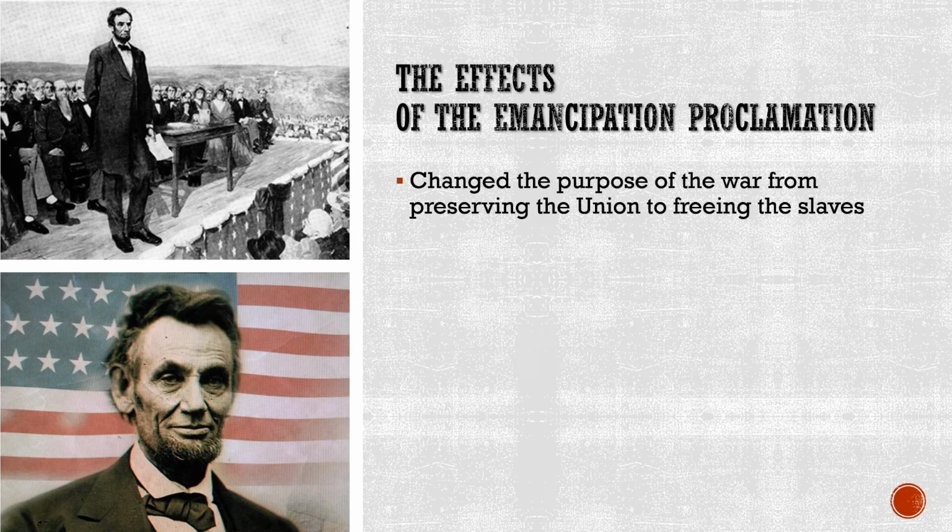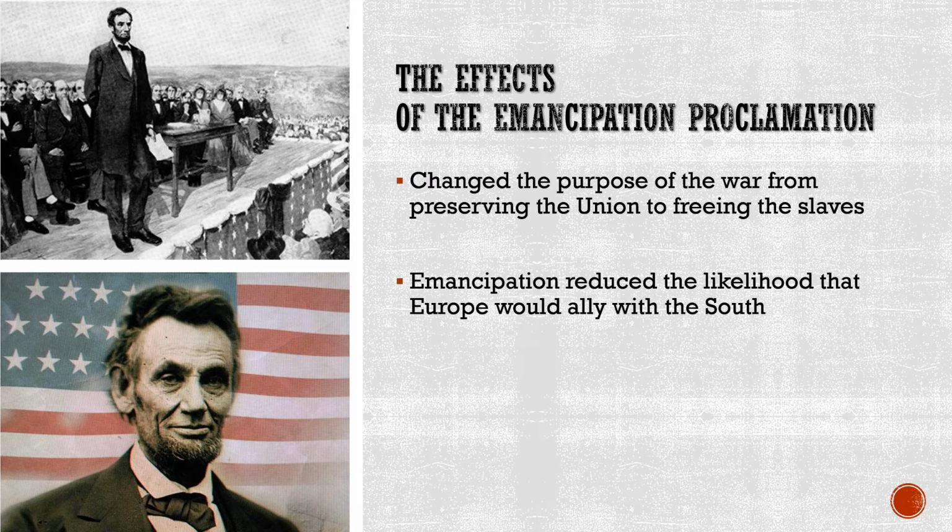So it changed the purpose of the war from preserving the Union to freeing slaves. Very important there. Emancipation reduced the likelihood that Europe would ally with the South because, keep in mind, like I told you before, there was no federal law that outlawed slavery. And now this completely shows the differentiation between the North and the South in terms of law, which now the Europeans see, wow, the Union is really against slavery.